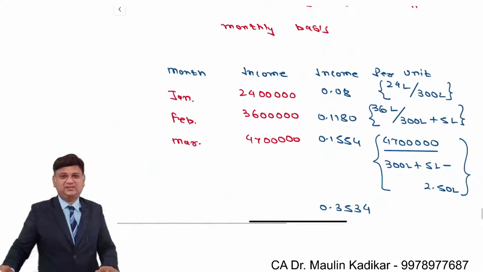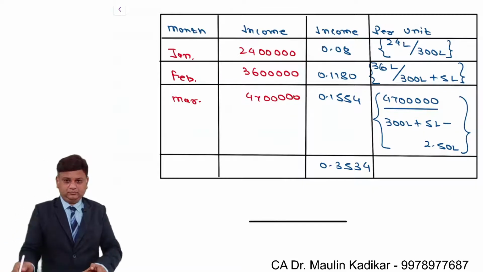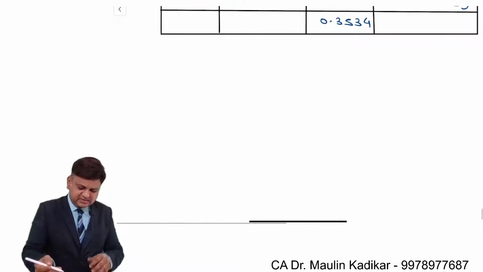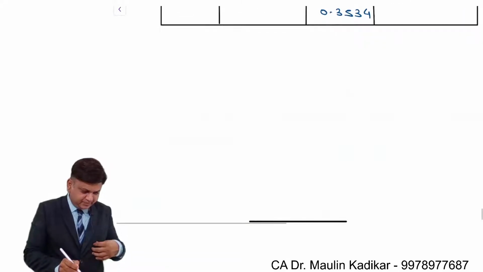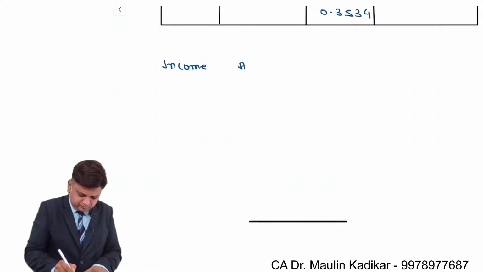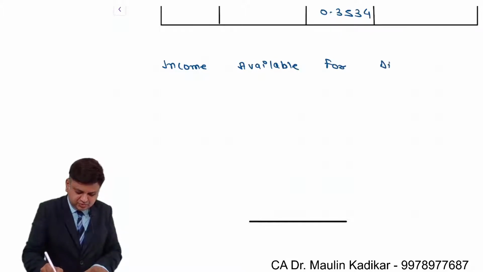Please write down the answer. Now working note number 2, or we can say the answer of the question, that is income available for distribution.